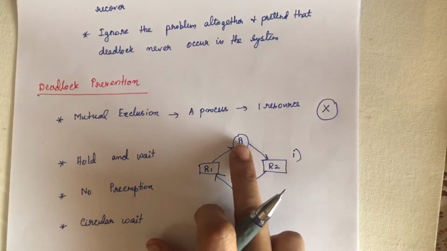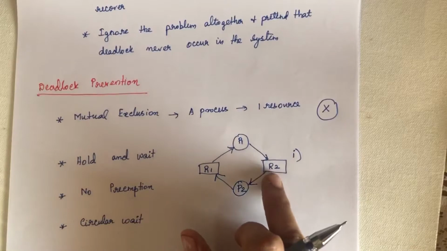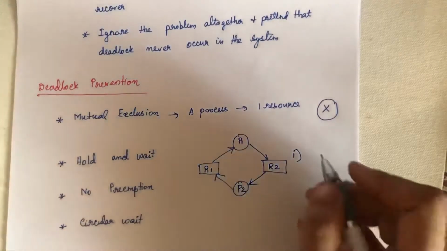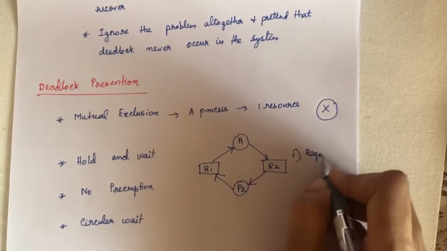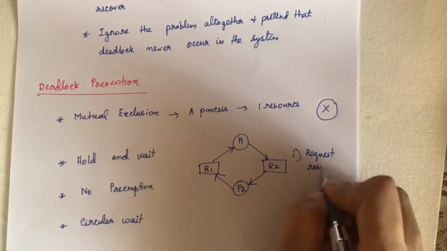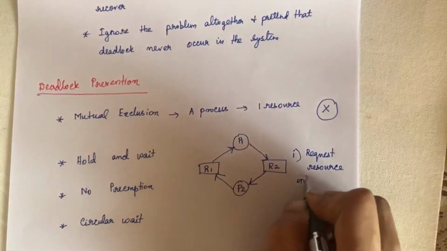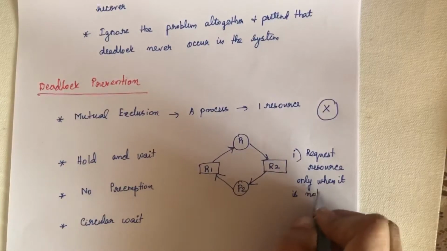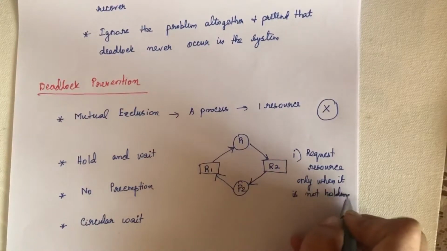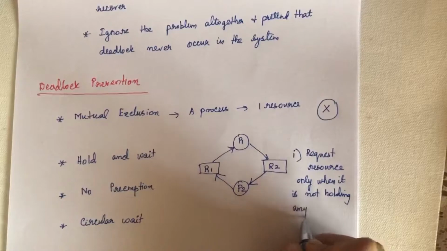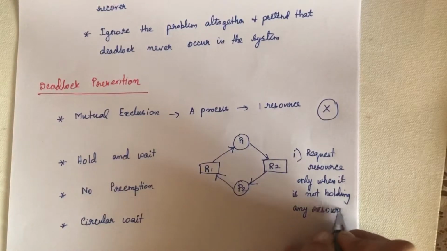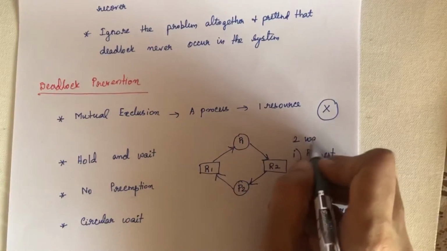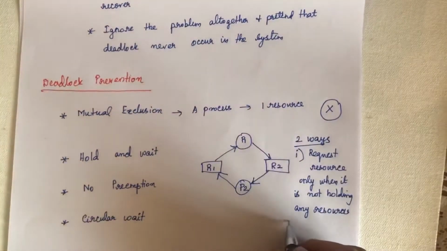So if process P1 is holding R1, it cannot request another resource; a process can request a resource only when it is not holding any resource. This is the first way of avoiding deadlock. Okay, hold and wait, there are two ways. The first way is this one. And what is the second way?